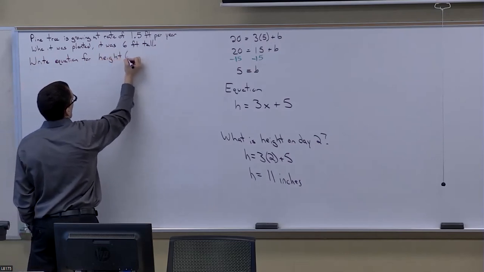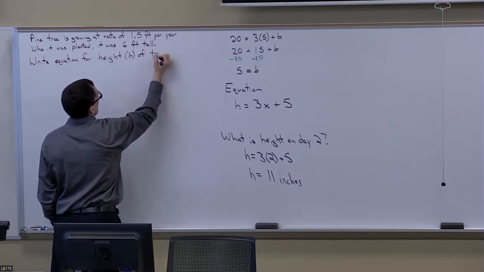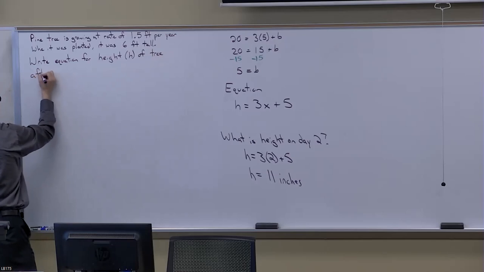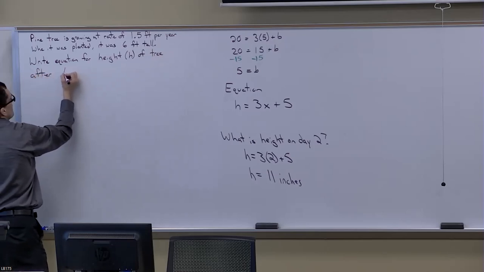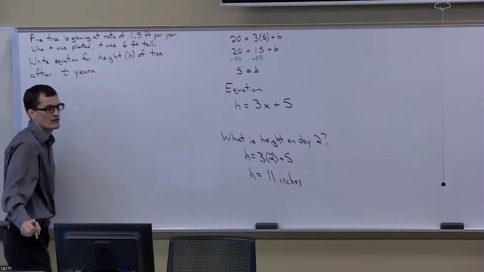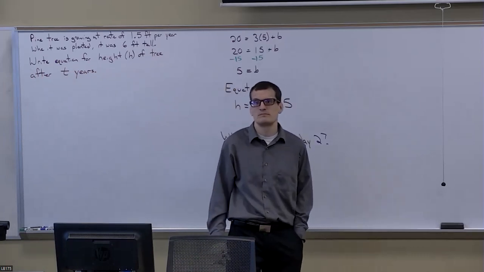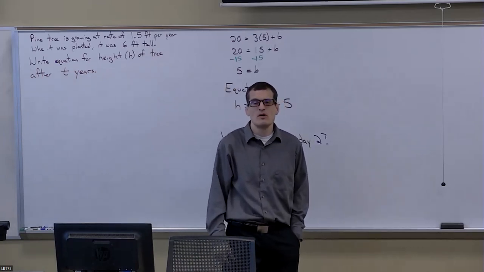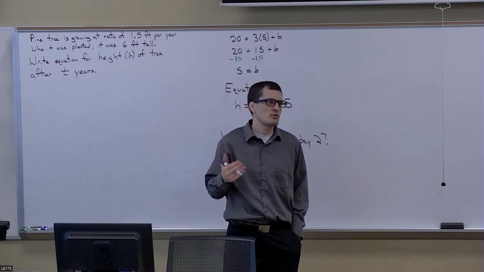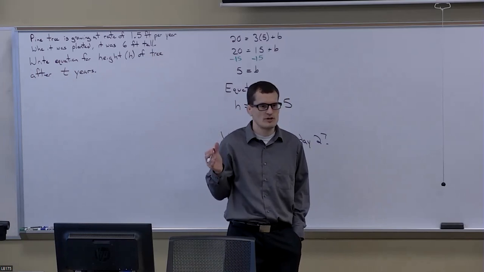Okay, we'll use H for height of tree after, let's say T years for time. Does that work? Well, growing at 1.5 feet per year, as long as our variable is years.